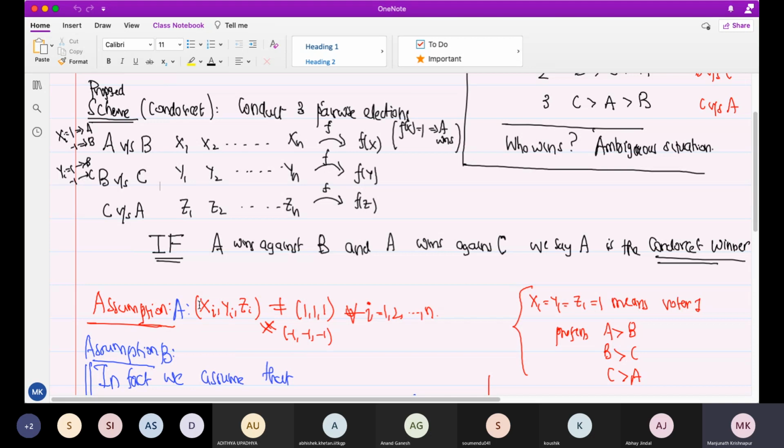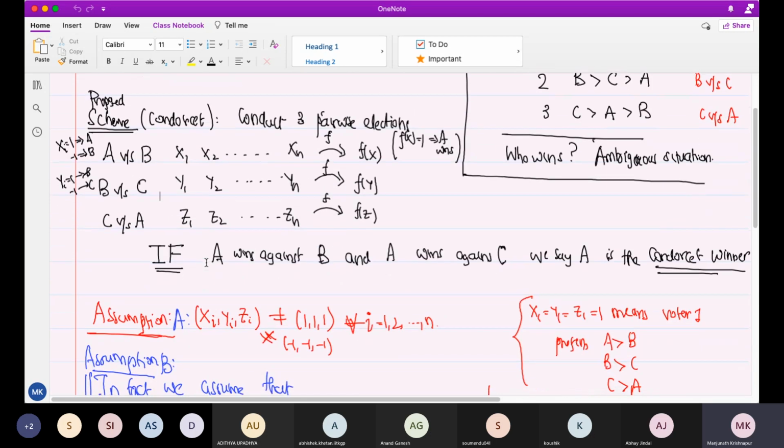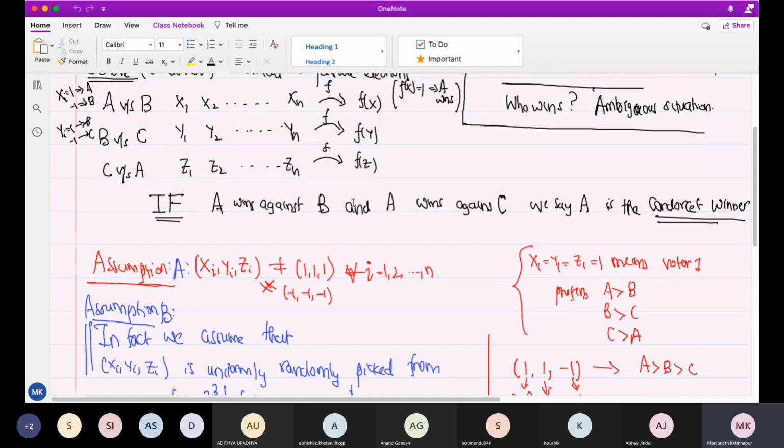So each voter has a clear preference. In other words, another way to say it, as I explained last time, each voter has a clear preference among A, B, C, one of 6 possible permutations.